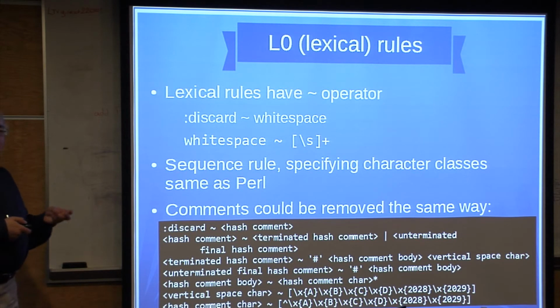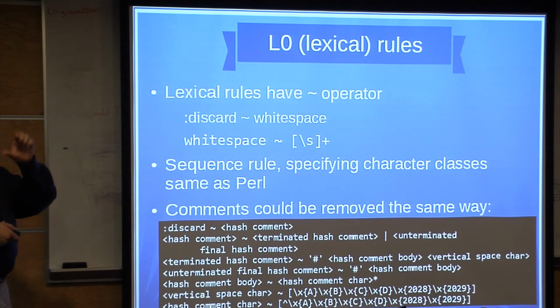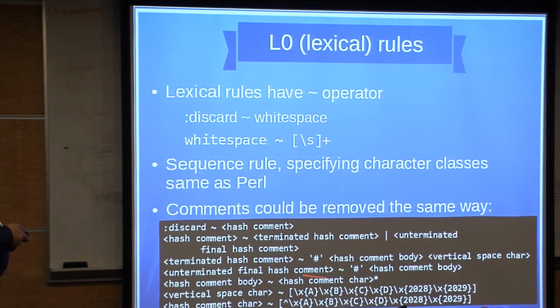So that must be a new line or form feed or a carriage return. And those are defined here, vertical space characters. And then the hash comment character, which is what's actually the body of a comment, is defined with your caret. So it's anything that doesn't match these things. And these Unicode things have to be like Unicode vertical space moving control characters too.